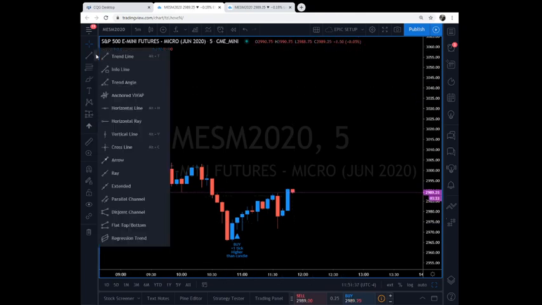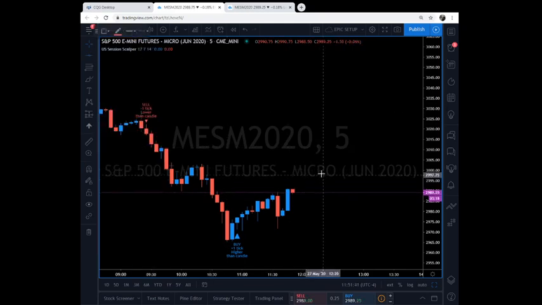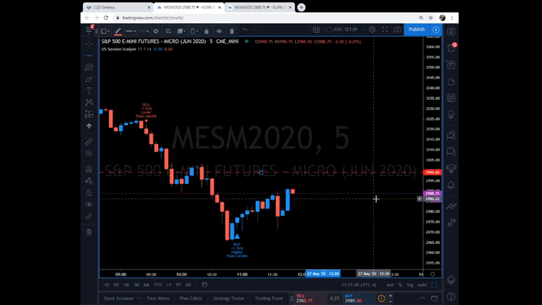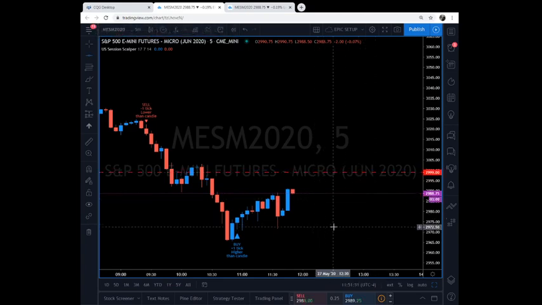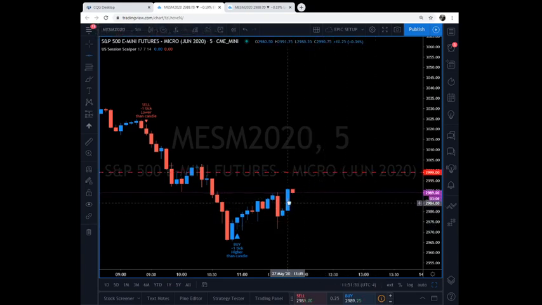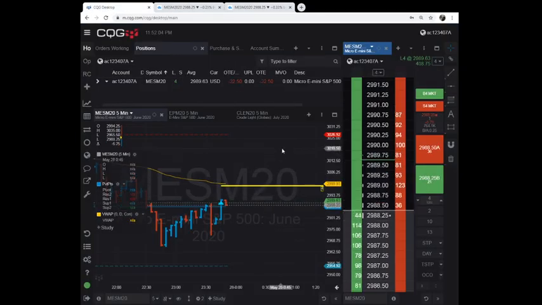Let me draw some lines as an analysis. Or maybe you can exit early, depends. That's the target, it's not far. Hopefully the price manages to go towards this targeted TP area. Back to the minus.